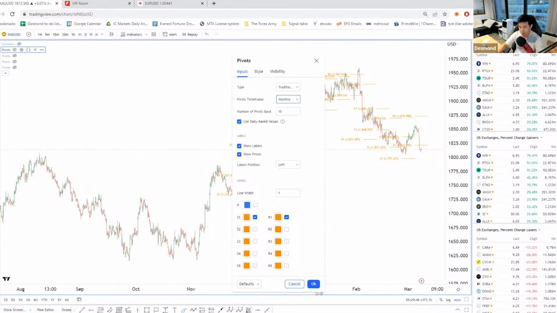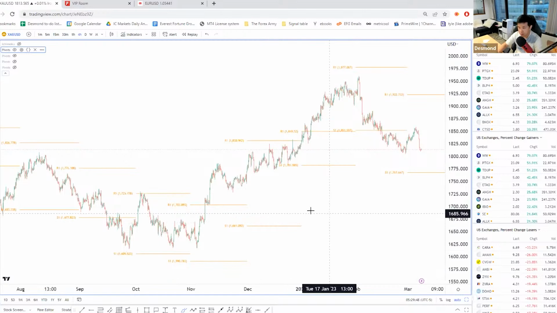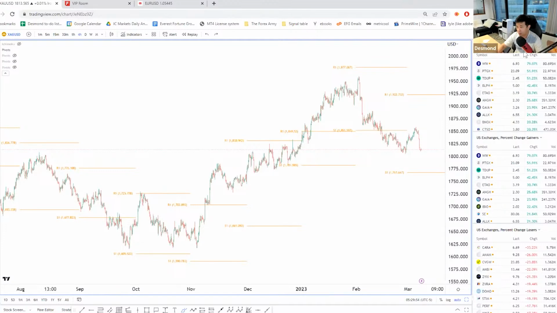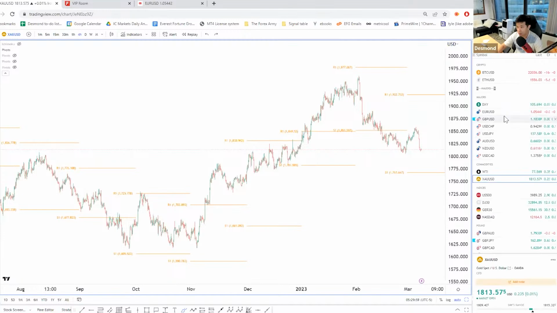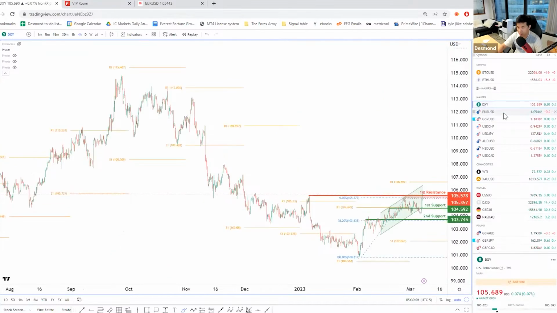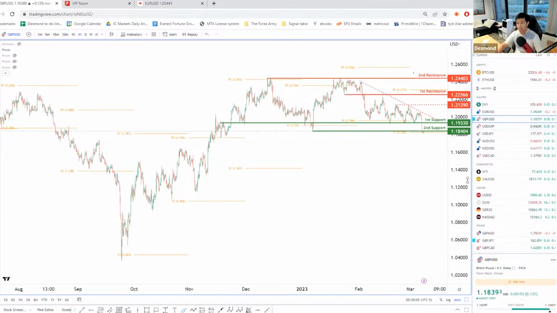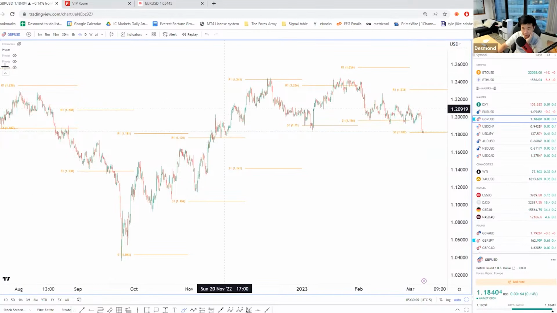I think monthly is slightly better. Let me find a chart which is a little bit more relevant, as in price is close enough to a level. There we go, so this is an example on pound dollar.